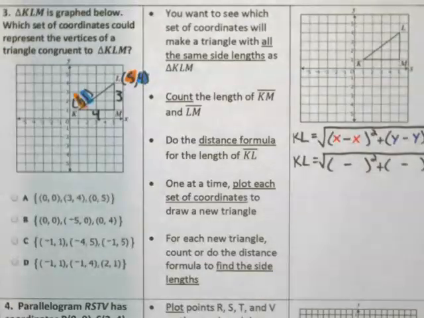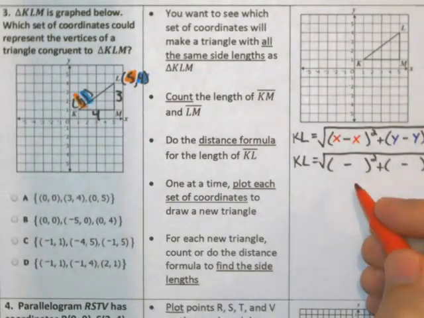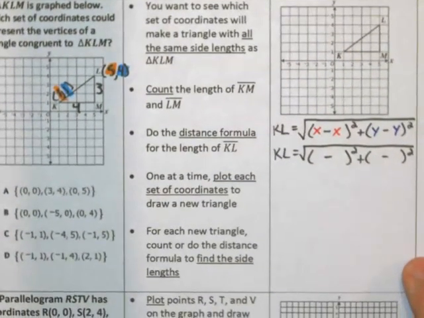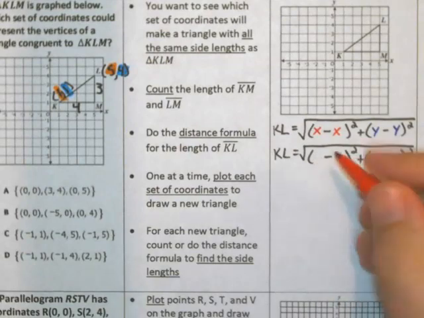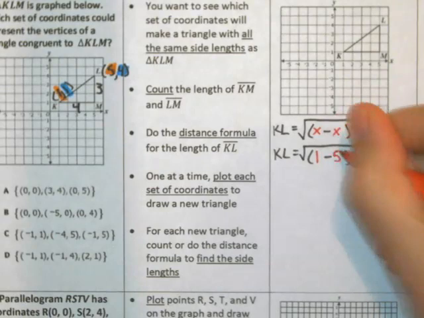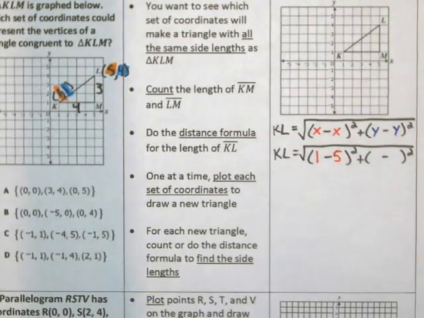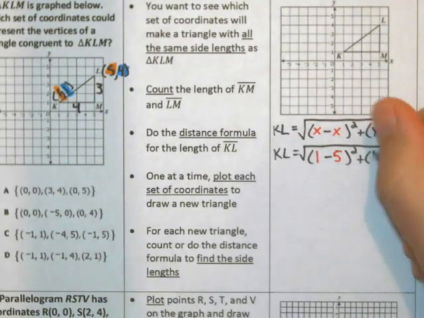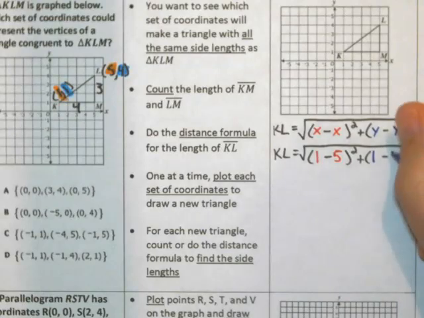And then I'm coming over here to substitute. My first x value is 1. My other x value is 5. My first y value is 1. My other y value is 4.